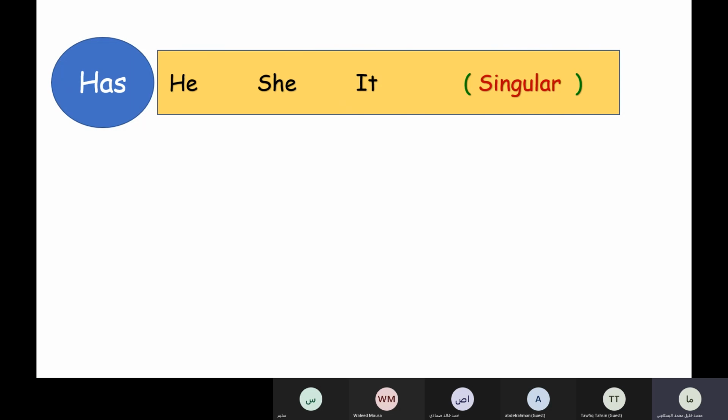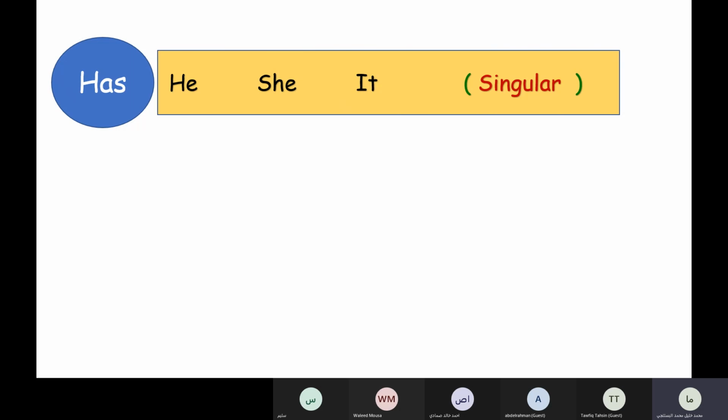Now, if you want to make a question, a yes/no question. Did. Why did you use did? Because it is past. Did he visit Mecca last week? Yes. So what about the present perfect sentence?